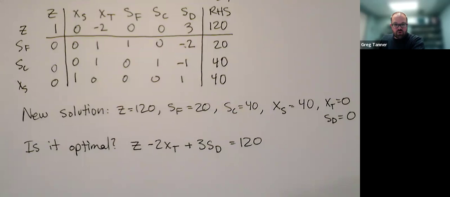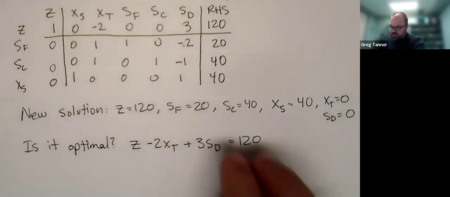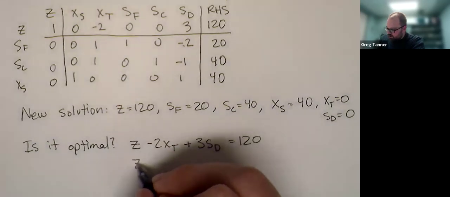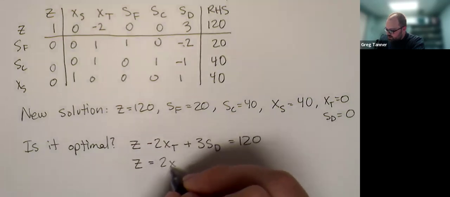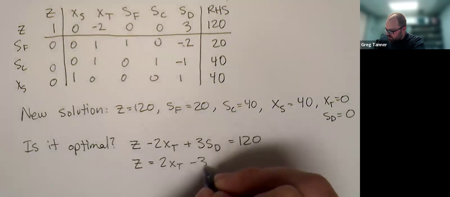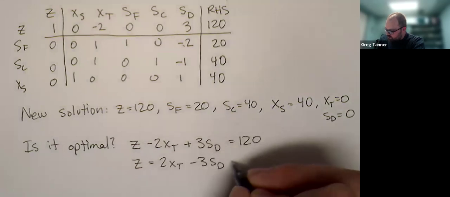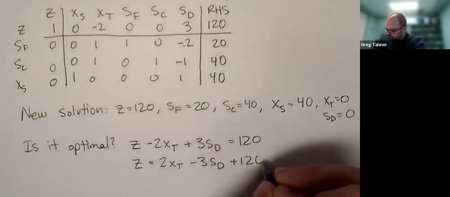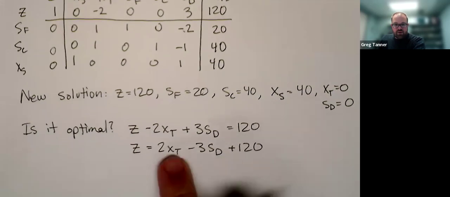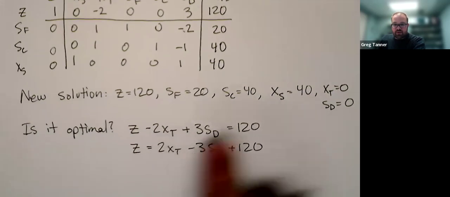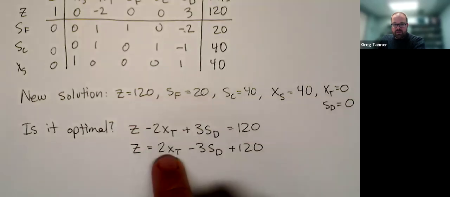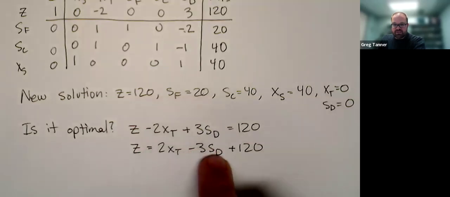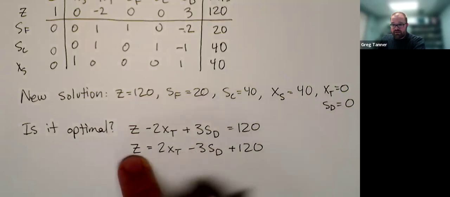I'm going to move everything but Z to the other side. So my formula for Z is: I'll add 2xt to the other side and minus 3SD to the other side, plus 120. These two variables are currently 0. They are non-basic variables. If I were to increase SD from 0, it has a negative coefficient, so it would decrease our objective.